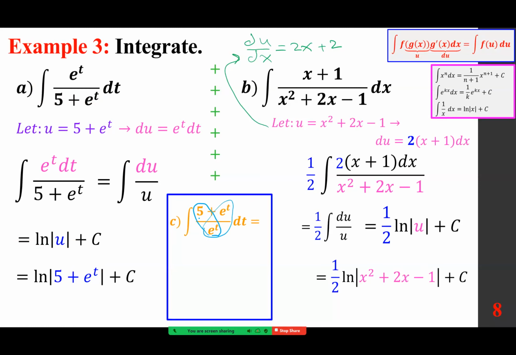This is 1. And as you know, to integrate this, we divide by negative 1. We get minus 5 e to the power of minus t. And 1 gives us t and a constant. There is no need for substitution. And that's the idea that I want to make sure everybody's comfortable with, okay? Very straightforward.